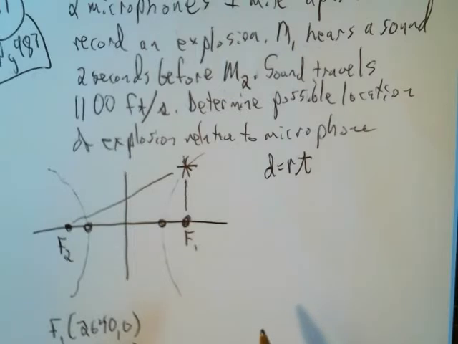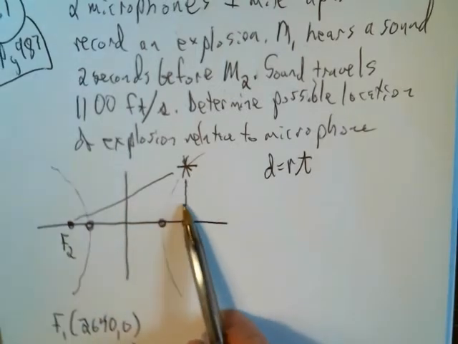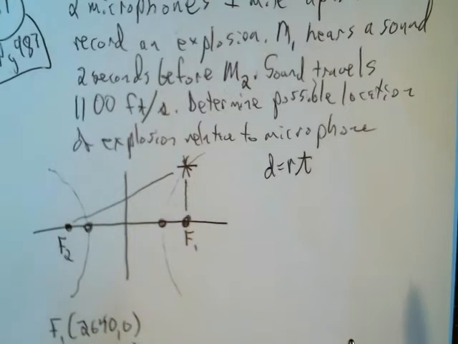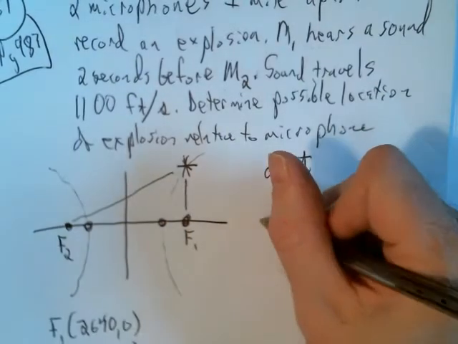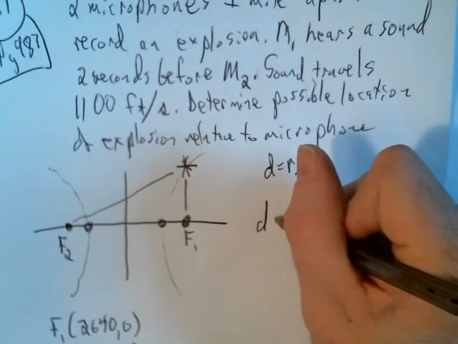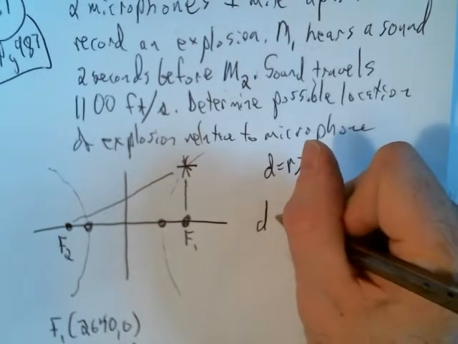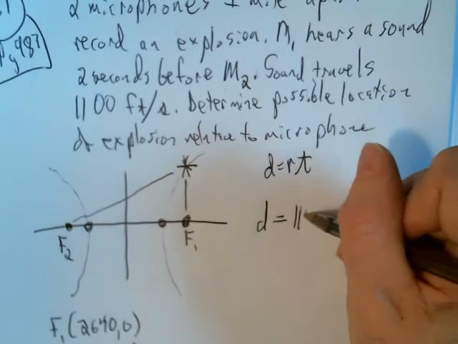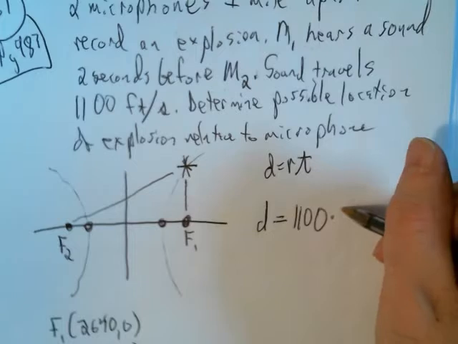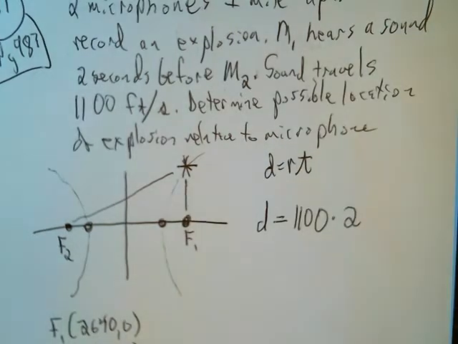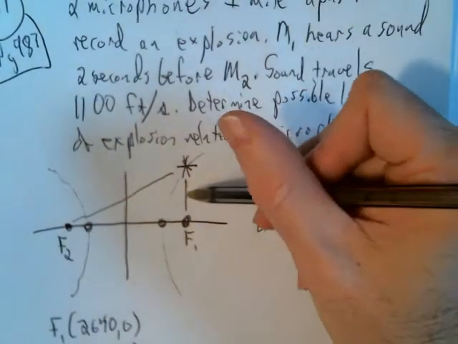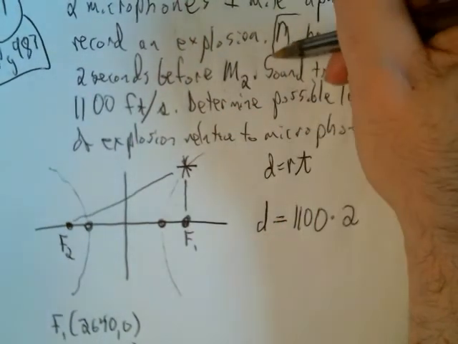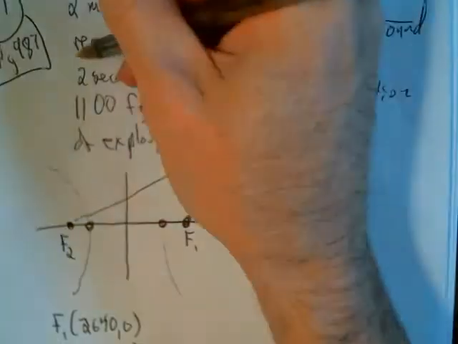And then we could set that equal to 2a and solve for a, right? So let's try that. The distance must equal 1100 times 2.